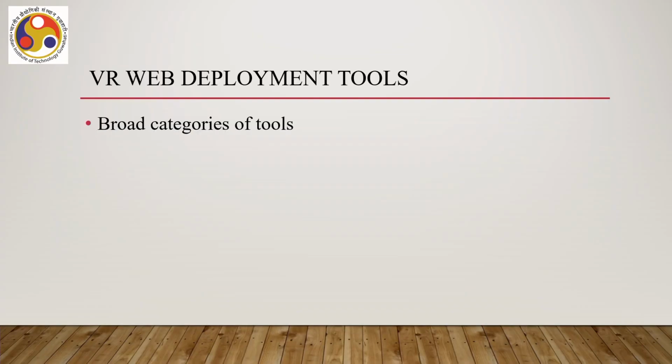Now, let us learn something about web deployment, how we can deploy our systems over the web. When we are talking about web deployment, we have access to several tools. These tools can be categorized like native SDKs. There can be some broad categorization of such tools.